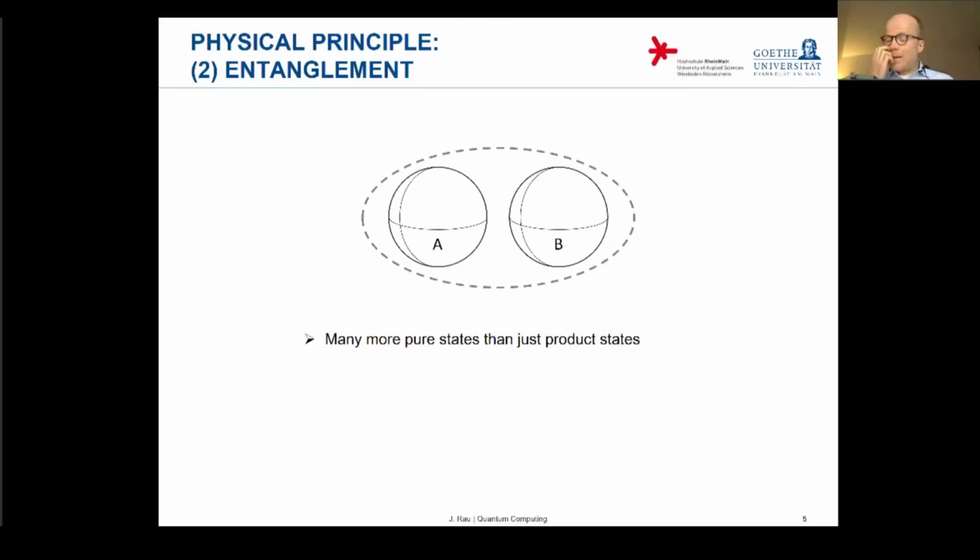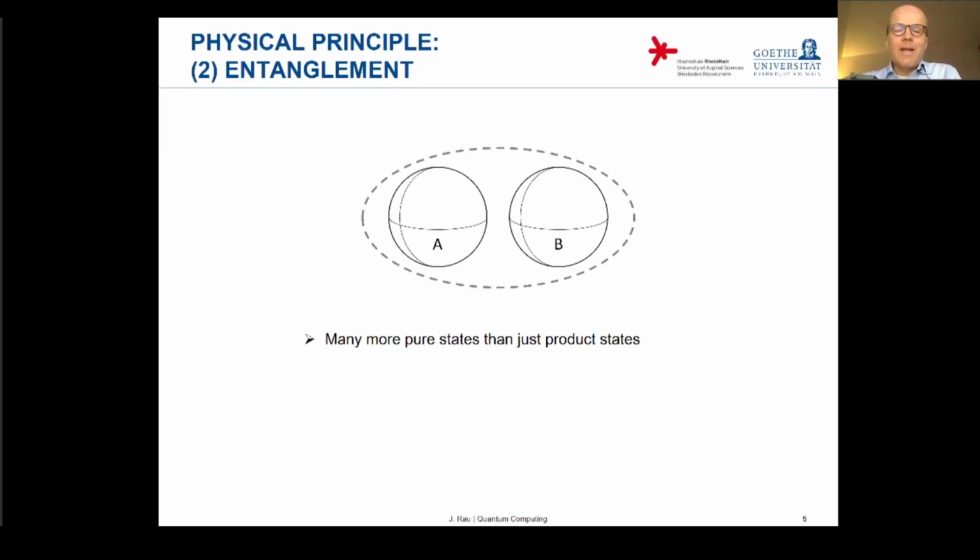And the states that these two qubits can take are many more than just combinations of single qubit states. So it's not just, I don't know, qubit A is in state 0, qubit B is, say, in some superposition of 0 and 1.